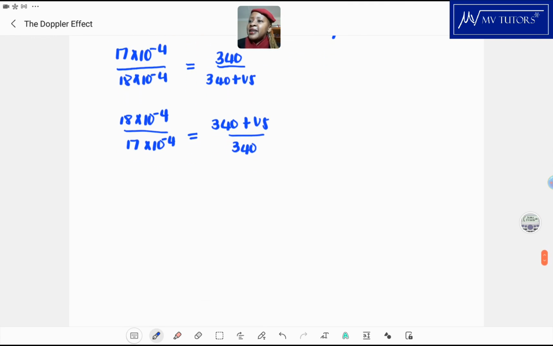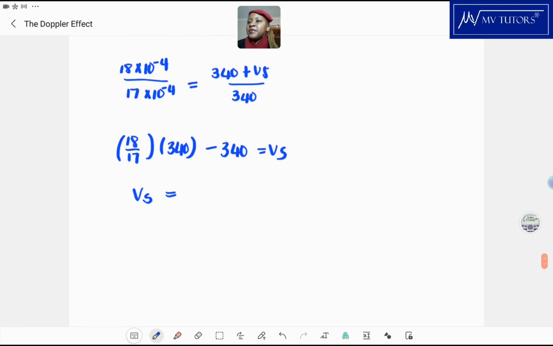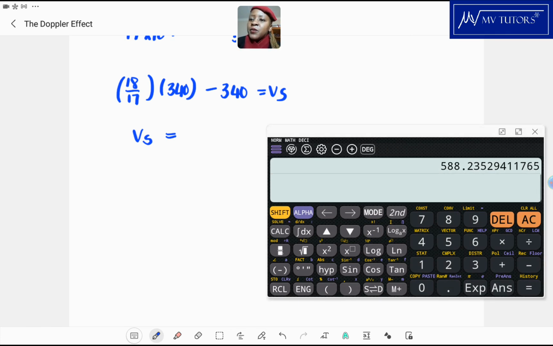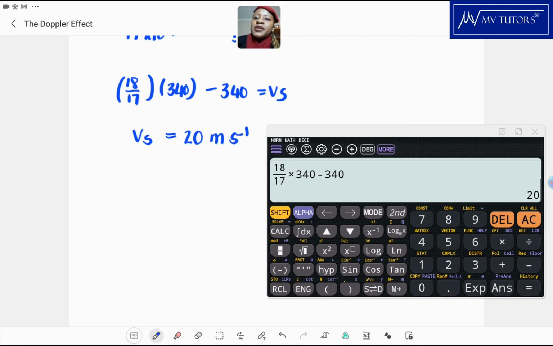Simplifying it again, 18 over 17 multiplied by 340 minus 340 is the speed of the source, or the speed of the police car. Using the calculator, 18 over 17 times 340 minus 340, and the speed is 20 meters per second.